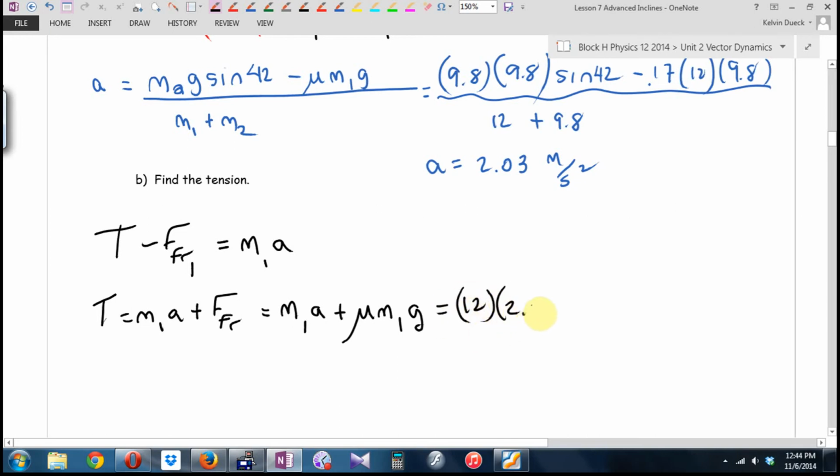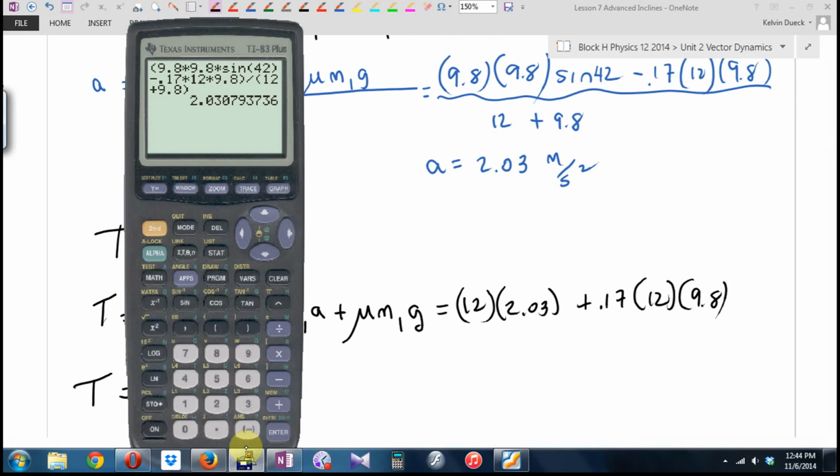A is 2.03 plus 0.17 for mu, 12, 9.8. And I get, you get 44.4? I see people nodding.